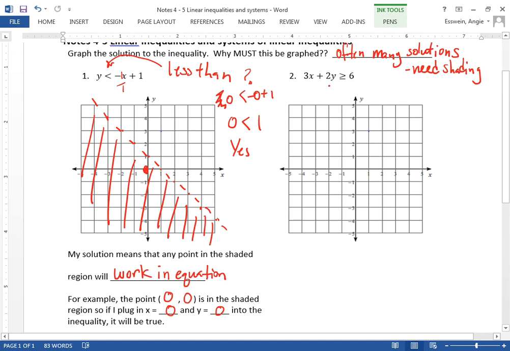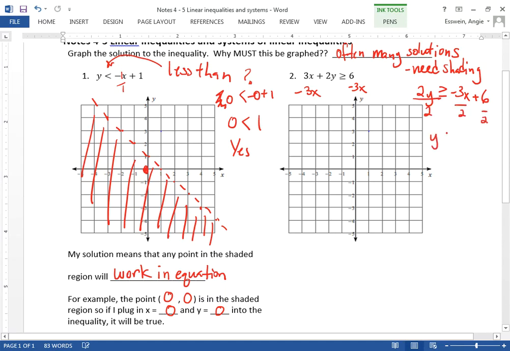So now let's try number 2. We have to do a little bit more work because it's not in slope-intercept form. We have to solve for y. So first we subtract 3x from each side. And so you get 2y is greater than or equal to -3x plus 6. And then we still need y to be alone, so you divide everything by 2.